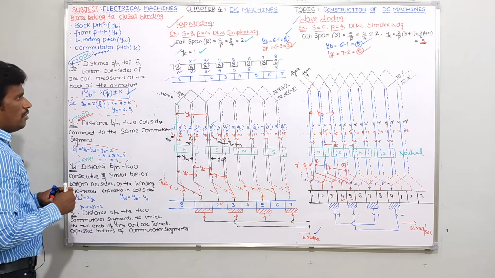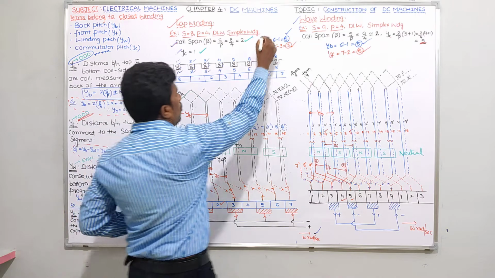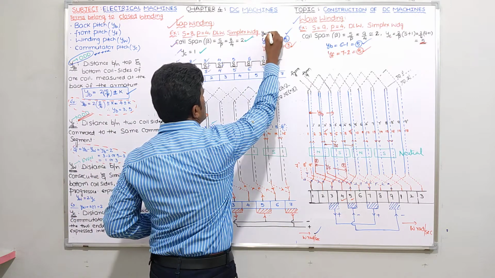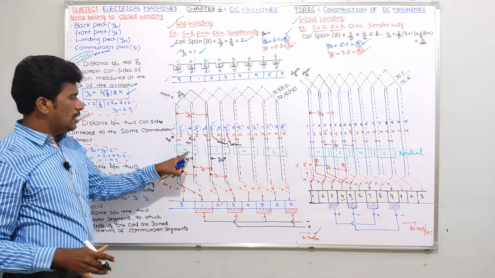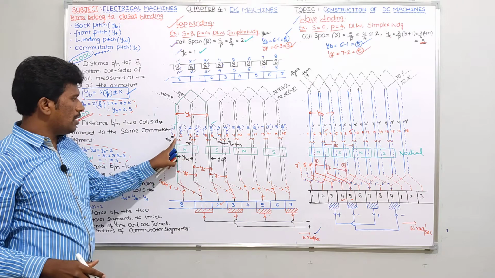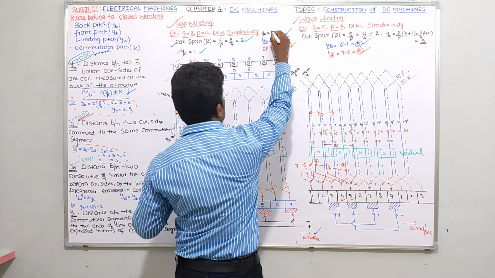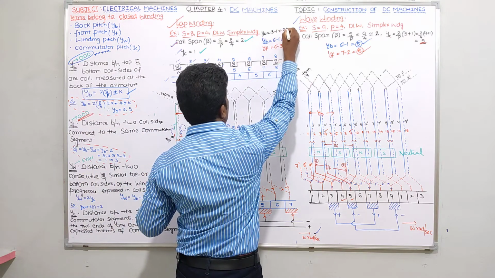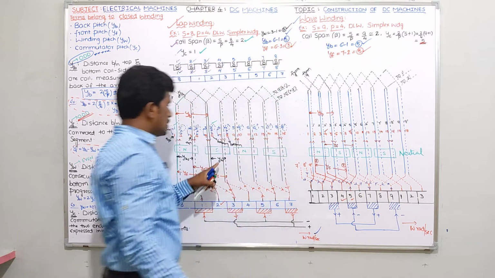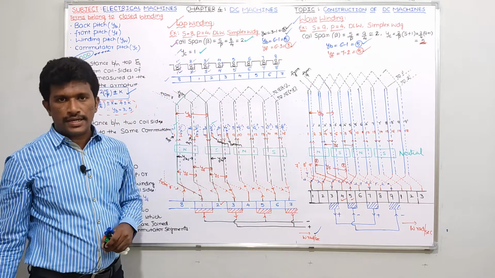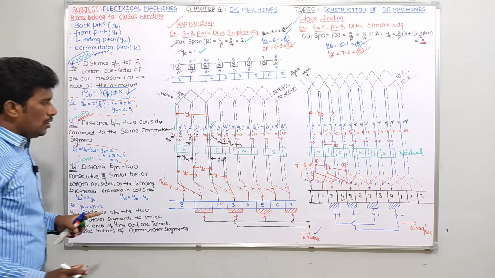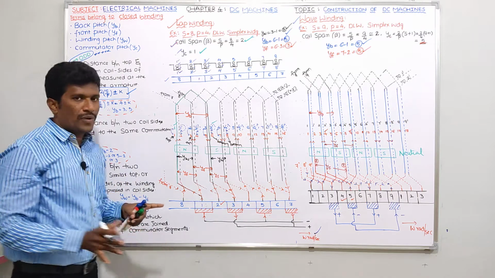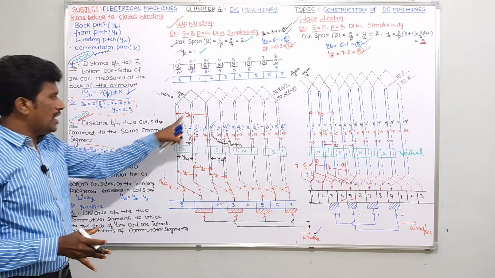So tell me, what is the value of the winding pitch YW you are getting here? You can take any one. 3 minus 1 is 2. If you take 8 minus 6, you also get 2. Now tell me the formula for YW in terms of YB and YF.